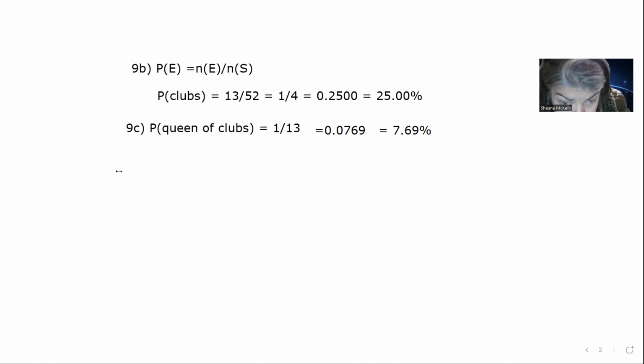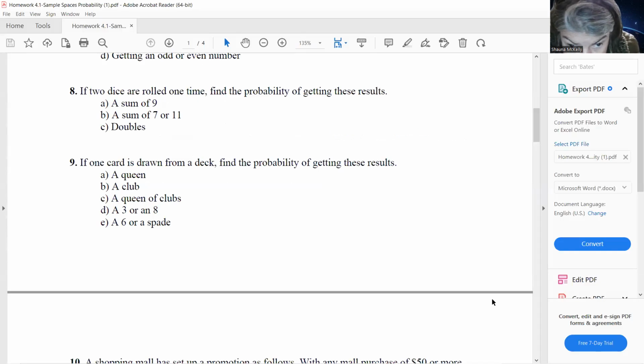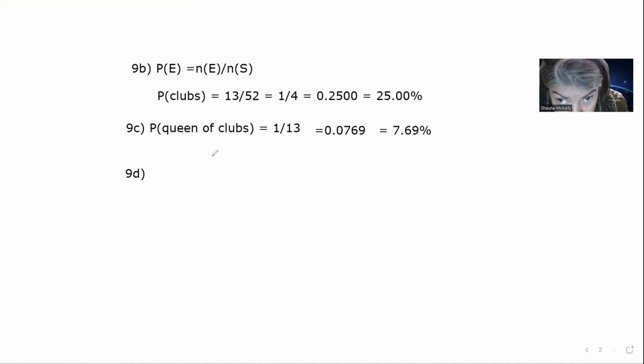Okay, 9D says, what is the probability of a 3 or an 8? A 3 or an 8. So here, now this is our first introduction to what we call logical operators.